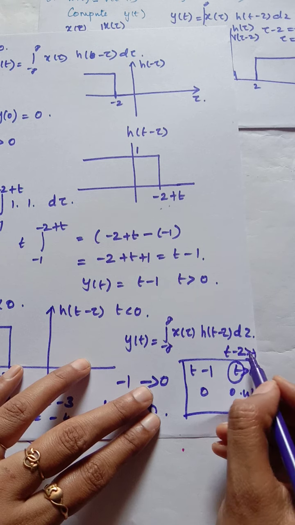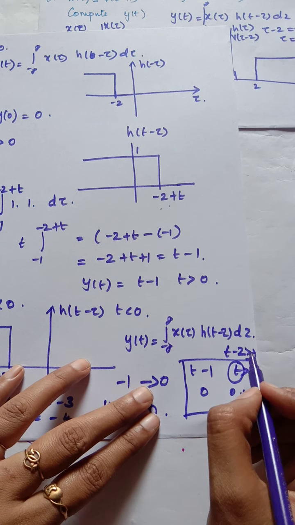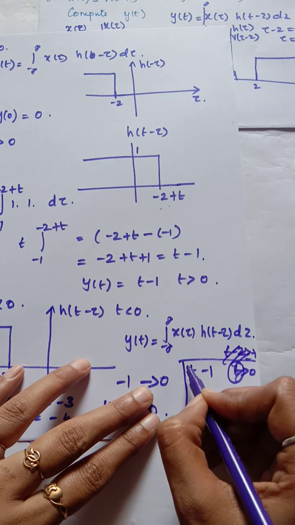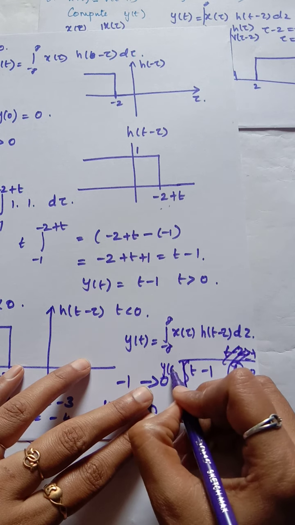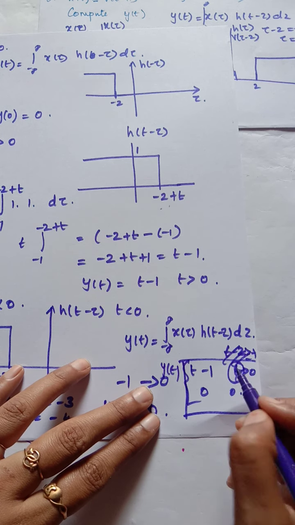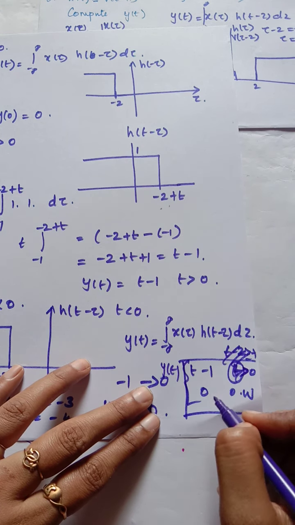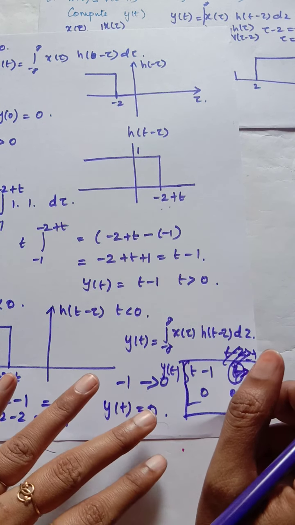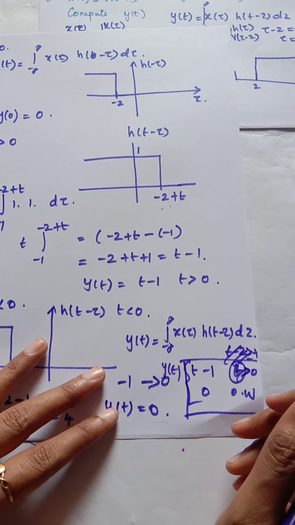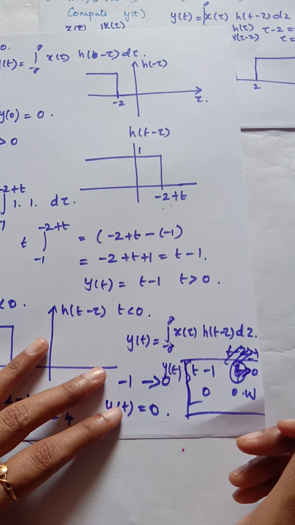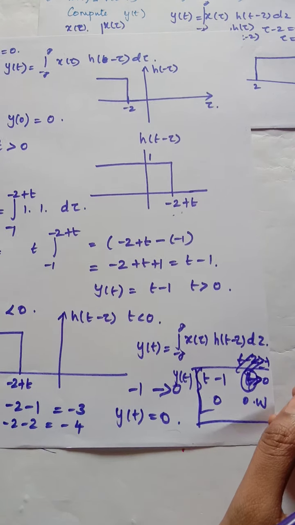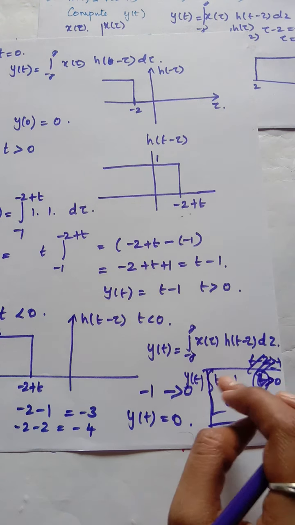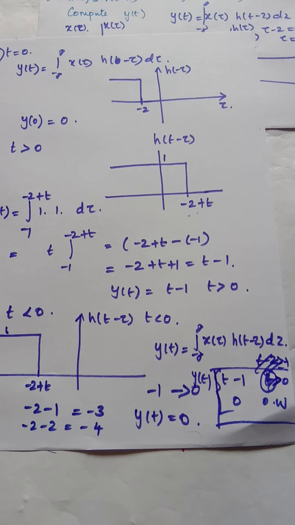So it is the same thing, right? Otherwise don't confuse it. Just write it as y of t is equal to t minus 1 for positive t, and 0 otherwise. No need to confuse it, this is enough. You just write this answer alone.